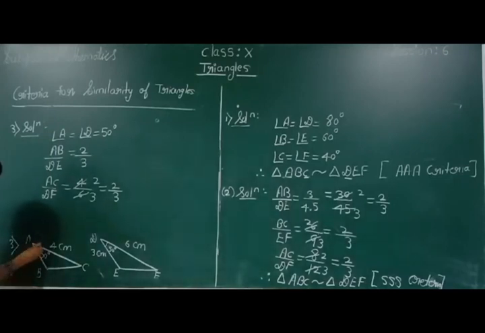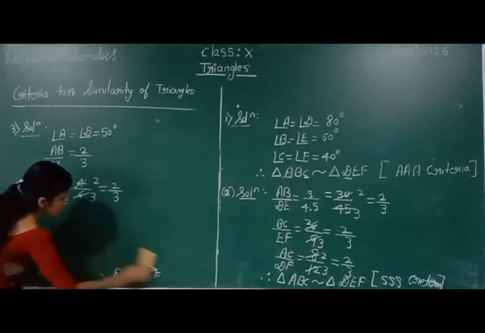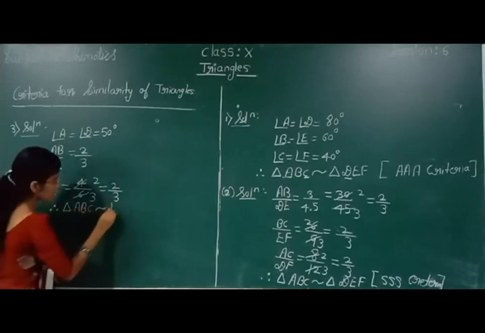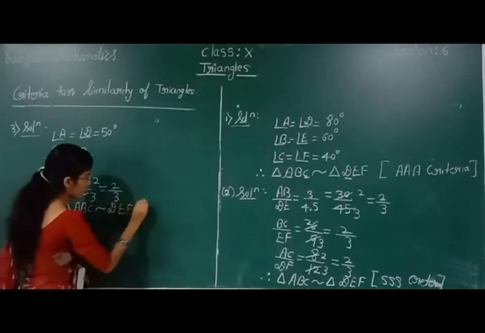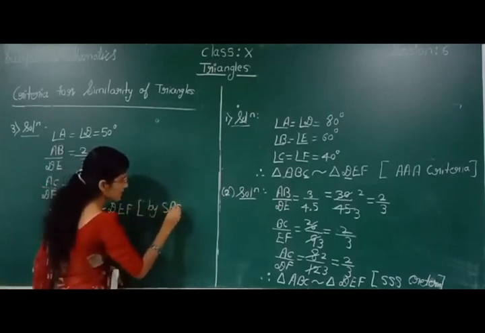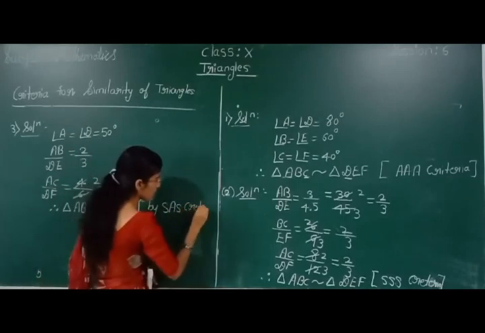Here angle A is included between the two sides. Yes or no? Therefore, what we can tell, these two triangles are similar. Triangle ABC is similar to triangle DEF by SAS criteria of similarity of triangles.